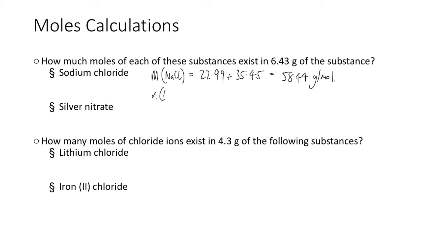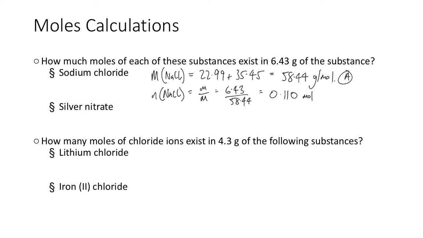So n of NaCl is equal to little m over big M, which will be equal to 6.43 over 58.44, which is equal to 6.43 divided by my answer, 0.110 mole. It's always good to save the molar masses in your calculation because then at least you can show and get exact values. Kind of important.